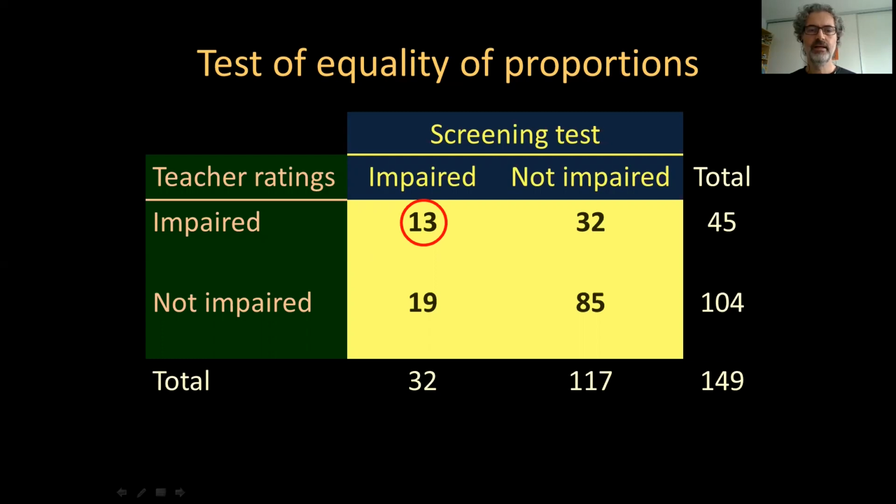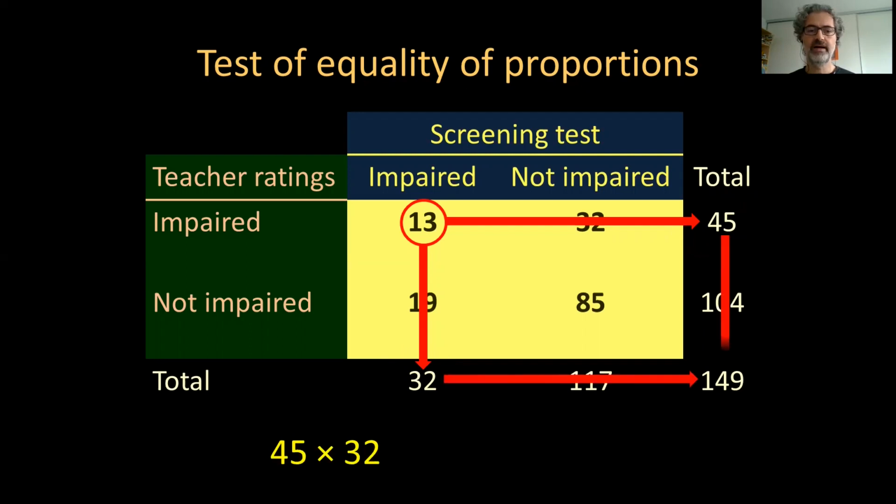To find that, we look to the marginal sums for the cell we're interested in. So for this cell, the row marginal sum is the total number of children classified as impaired by teachers, 45, and the total number of children classified as language impaired by the clinical evaluation, which is 32. We multiply these two, and then we divide by the grand total.